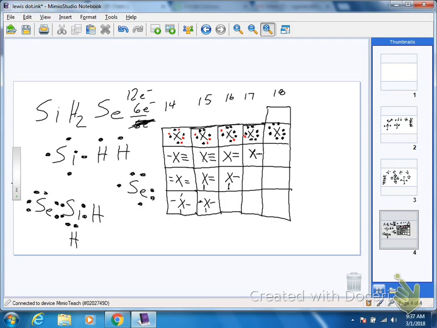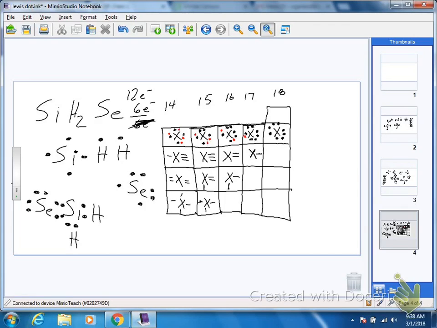Now you can look at your original structure and see if your unshared pairs are the same. So I look at Se. How many unshared pairs did it have before? Unshared means that they're paired up already. 2. How many do I have here? 2. How many shared pairs was it going to have? 2. I've got 2 there. Okay, silicon, how many shared pairs is this going to have? 4: 1, 2, 3, 4.